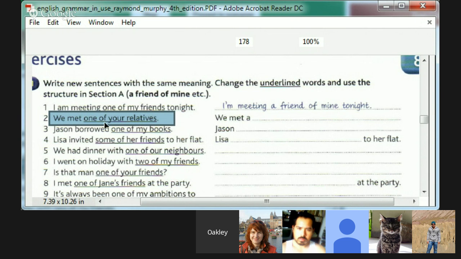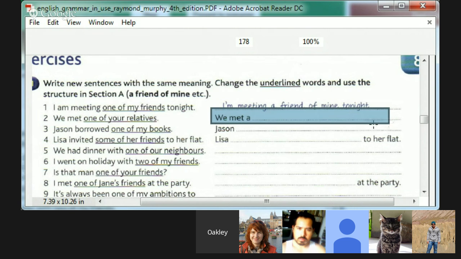We met one of your relatives. Okay, and now the modified sentence.